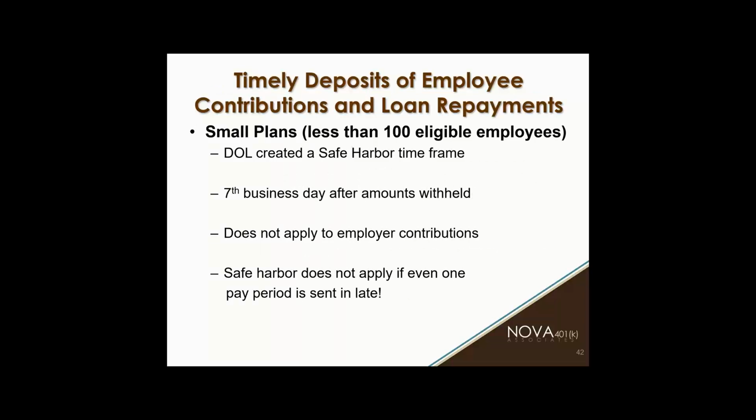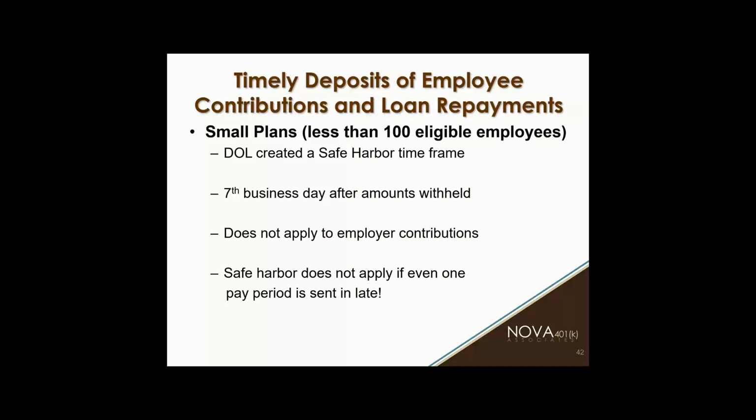Now, a big problem area that the Department of Labor is interested in is the timely deposit of employee contributions and loan repayments. Okay, so the DOL does not want employers hanging on to employee money for longer than a certain period of time. For small plans, they've created a separate rule than large plans. So small plans are generally plans that have less than 100 eligible employees.